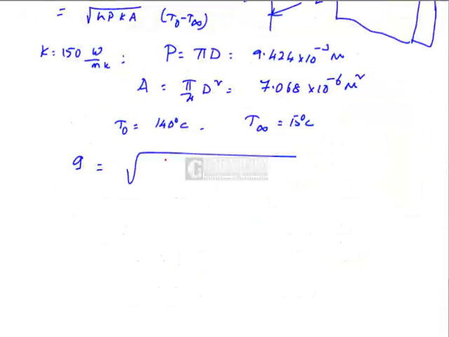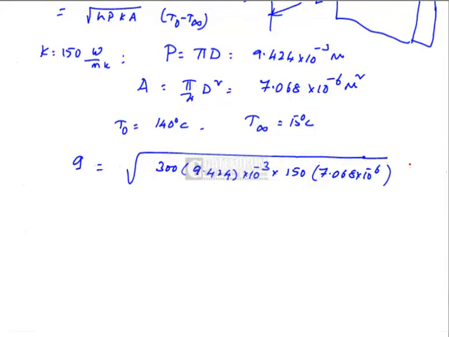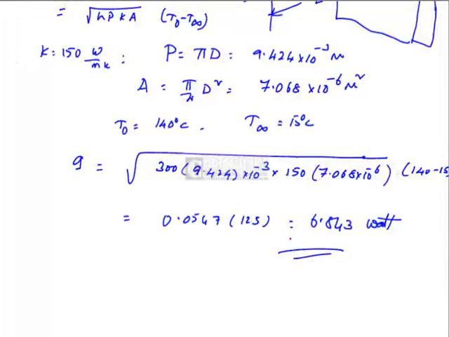The rate of heat transfer is the square root of 300 into 9.424 into 10 power minus 3, that is perimeter, into 150 into area 7.068 into 10 power minus 6, into T naught, base temperature 140, minus fluid temperature 15. The resulting answer is 0.0547 into 125, that is 6.843 watts. This is the rate of heat transfer, assuming that the rod is infinitely long.